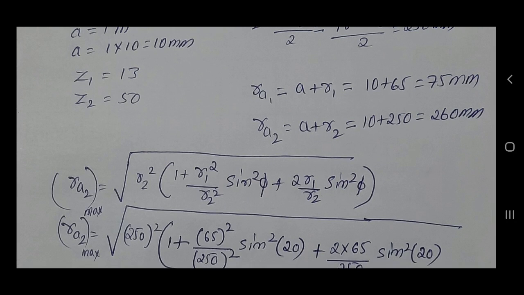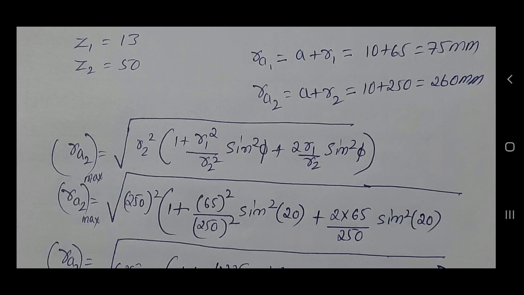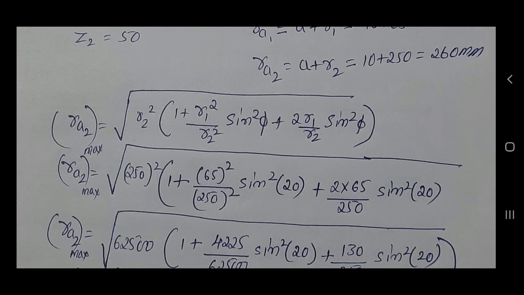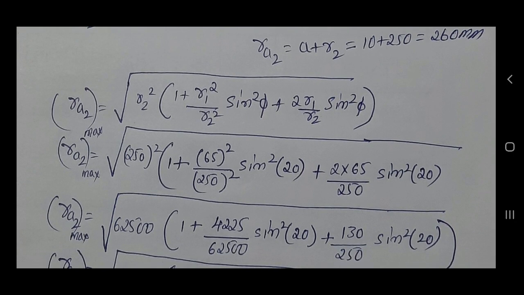While deriving, I told you to mark an important sign at the middle of the derivation, that is RA2 max is equal to square root of R2 square of 1 plus R1 square divided by R2 square sine square phi plus 2 R1 by R2 sine square phi. This is the equation I told you to mark as important. They asked this problem once using this formula for 12 marks. This is the problem we are going to discuss.